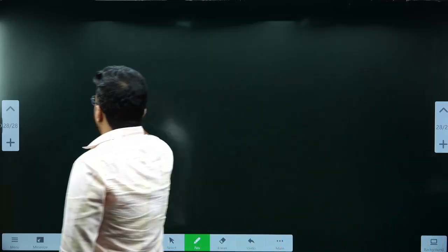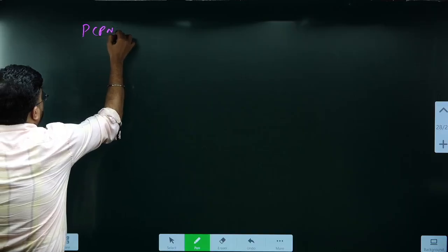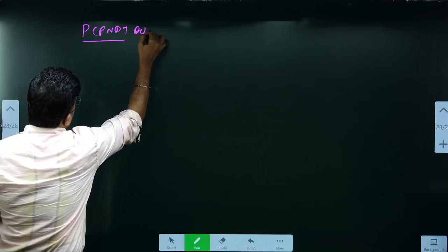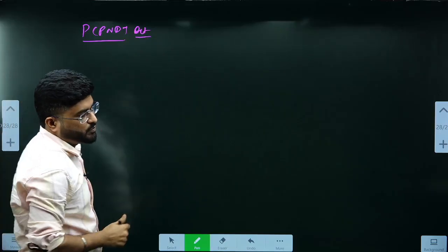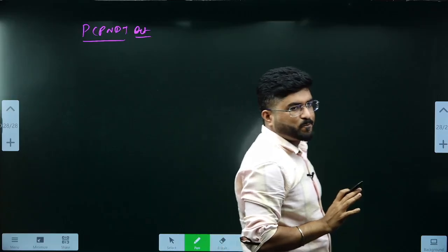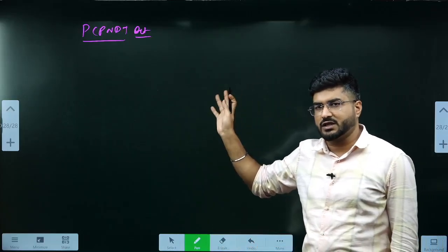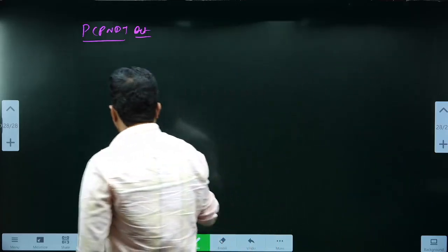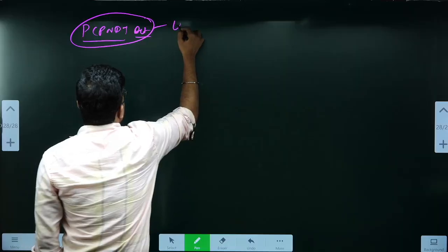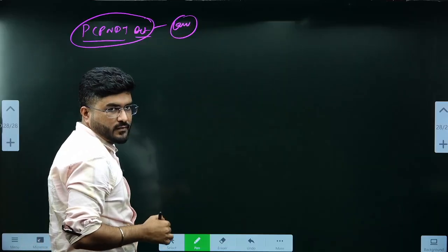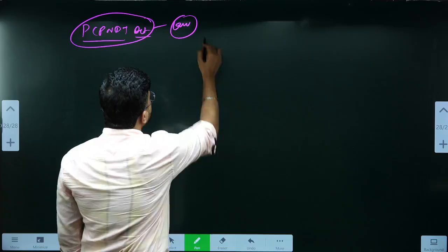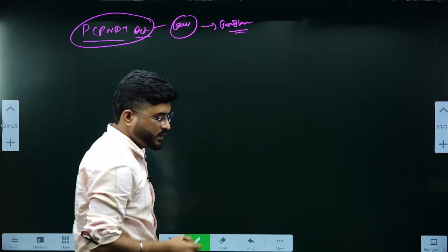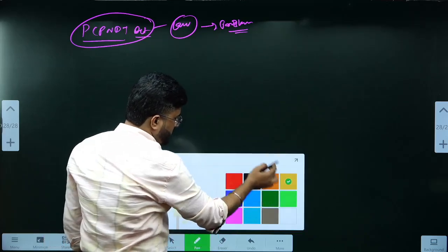For example, the PCPNDT Act. The PCPNDT Act is generally asked by UPSC related to its shortcomings, successes or failures, etc. This is a law which was made to counter the problem of female feticide.